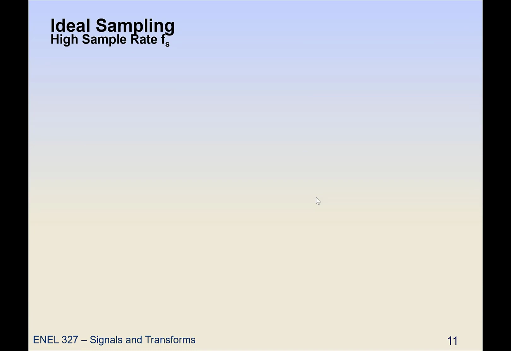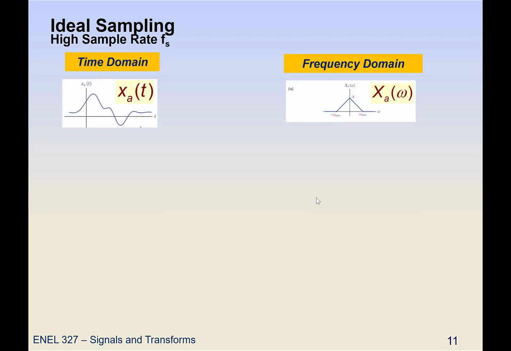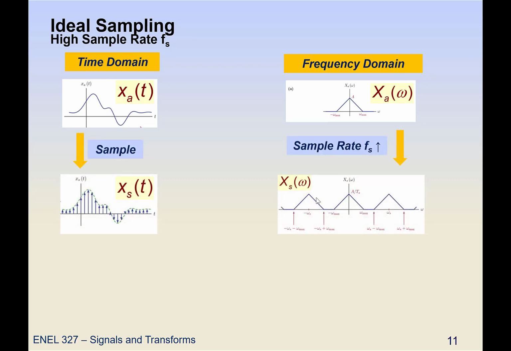So let's assume that we have a high sample rate. We're sampling at a pretty high frequency, which means the sampling period is actually quite small. So our time and frequency domain for our original signal look like this. If we sample, then the time and frequency domain of our sampled signal look like this.